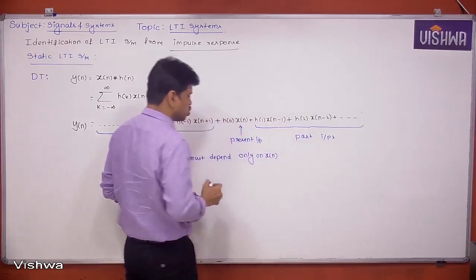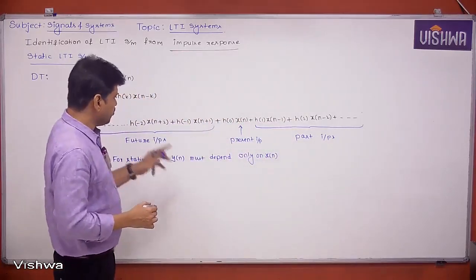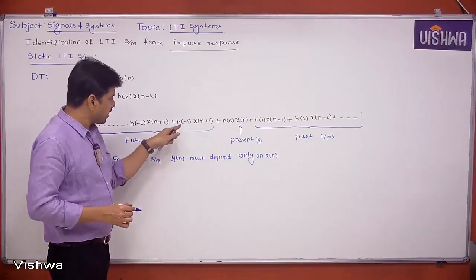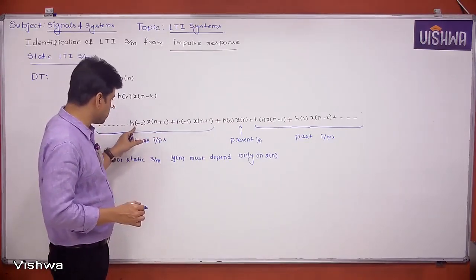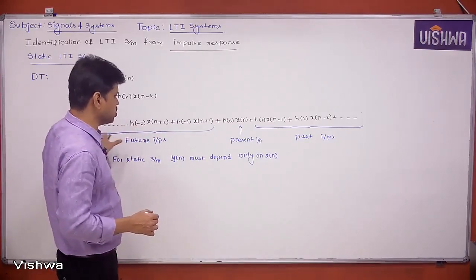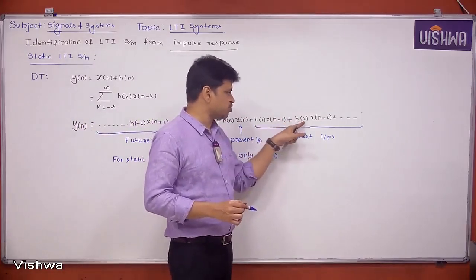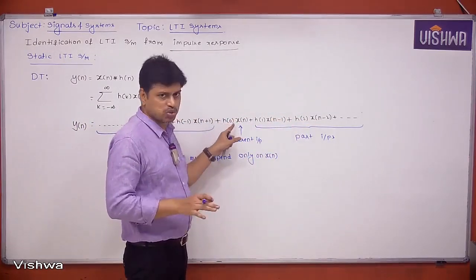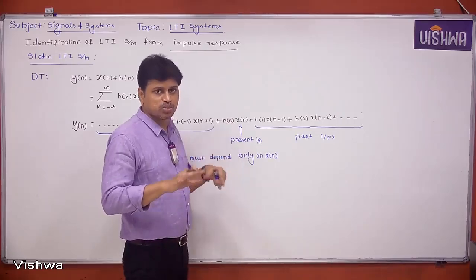That's what has to happen. Now, if it depends only on x of n, definitely these terms have to be 0. That means h of minus 1 has to be 0, h of minus 2 has to be 0, and so on. H of 1 has to be 0, h of 2 has to be 0. Only h of 0 should not be 0, and the remaining values all have to be 0.